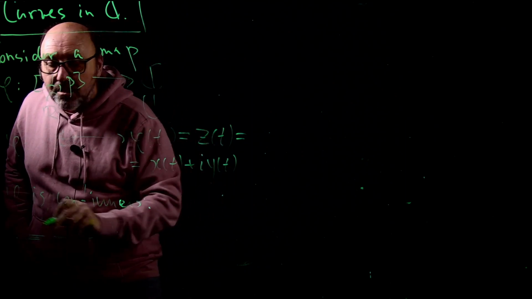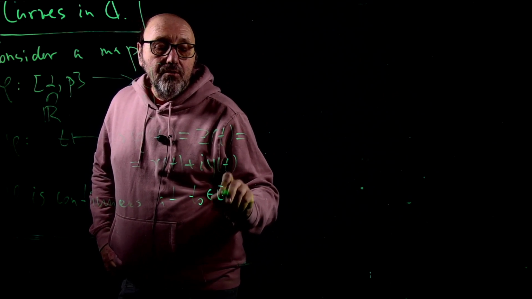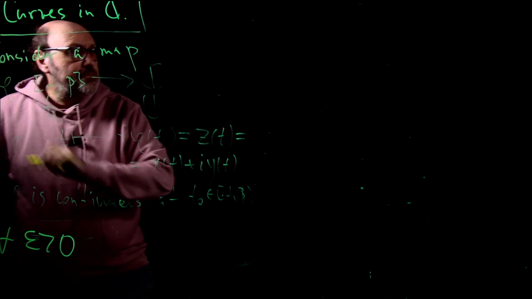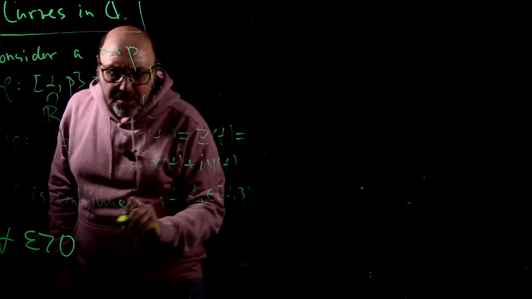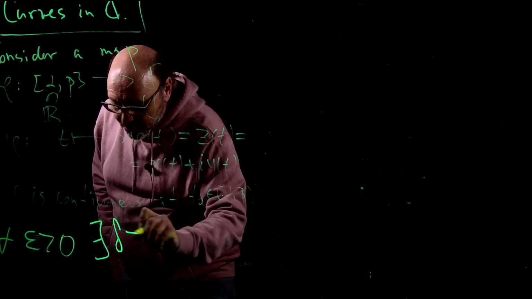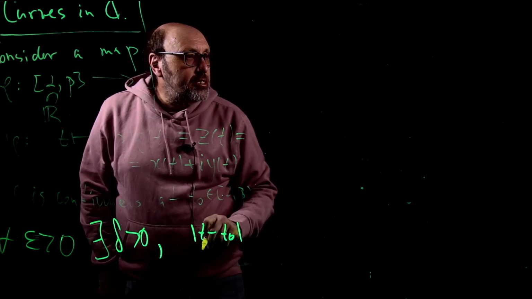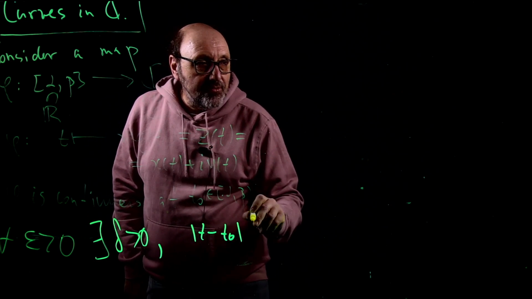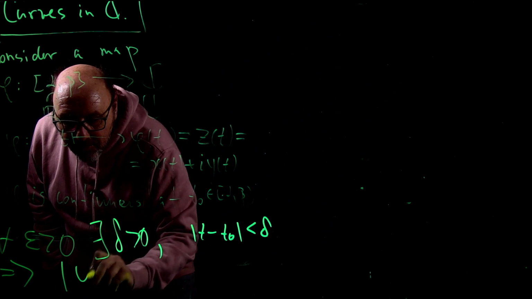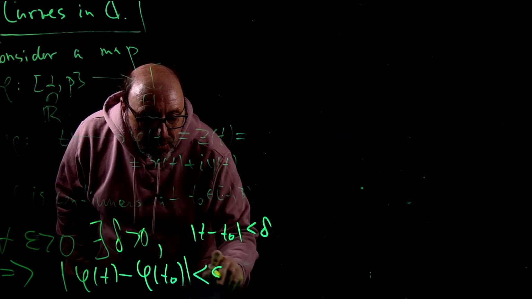What does it mean? Continuous at point t0 from [alpha, beta]. This means that for every positive epsilon there exists delta positive such that the inequality absolute value of t minus t0 is smaller than delta implies that absolute value of phi of t minus phi of t0 is smaller than epsilon.